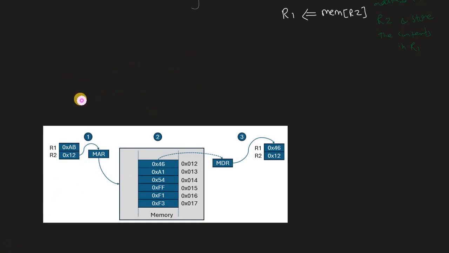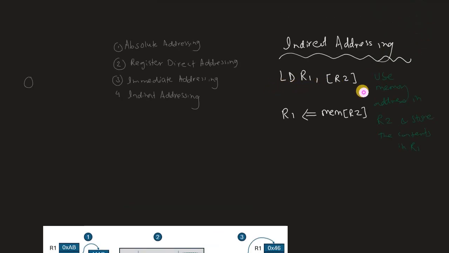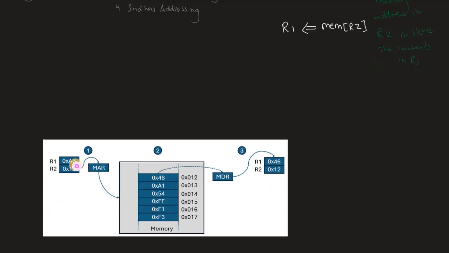So this is the visual representation of what's happening when you do load R1 and then use the memory address of R2. The contents of R2 are stored into the MAR. And why MAR? Like I've explained in the previous videos, you can check out the playlist. MAR is used to store the address we want to access.